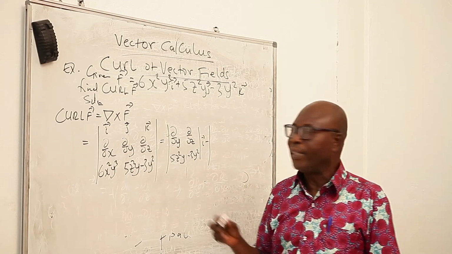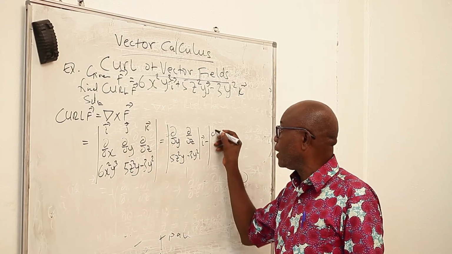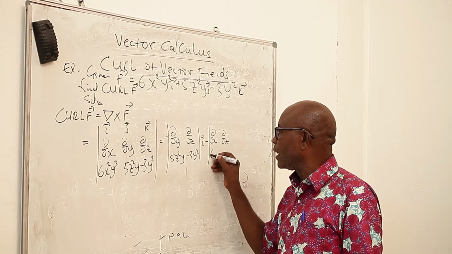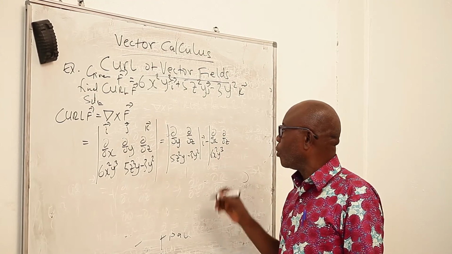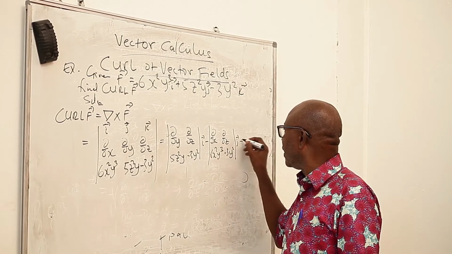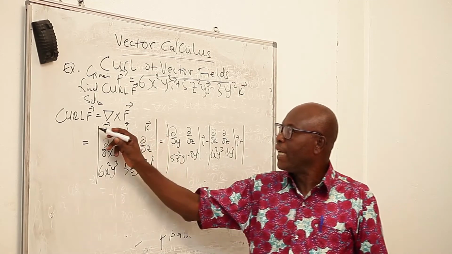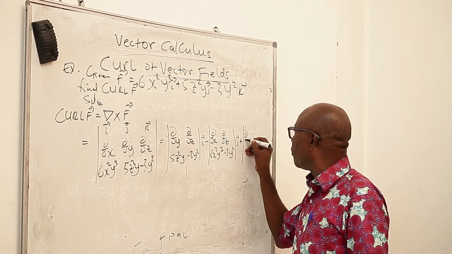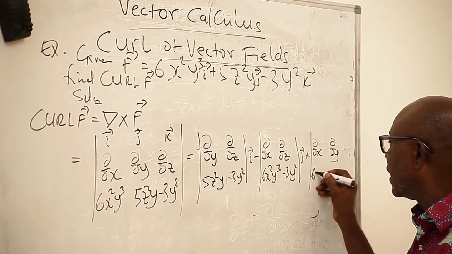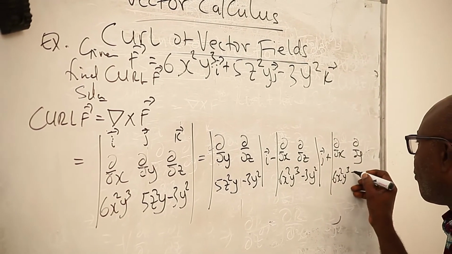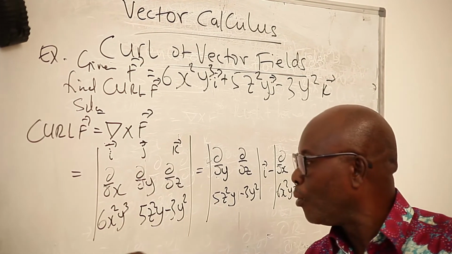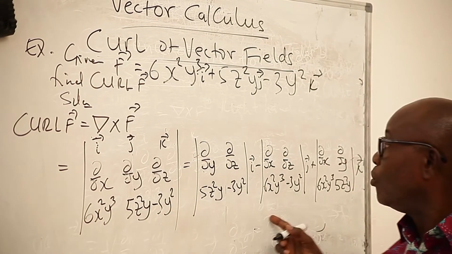Minus, now we come to the j direction. When you cross here, we have partial x, partial z, then 6x squared y cubed, and then minus 3y squared, in the j direction. Plus the last one, where we use the k direction, we cross here, have partial x, partial y, and then 6x squared y cubed, 5z squared y, all in the k direction. And so now we need to do the 2 by 2 determinant.